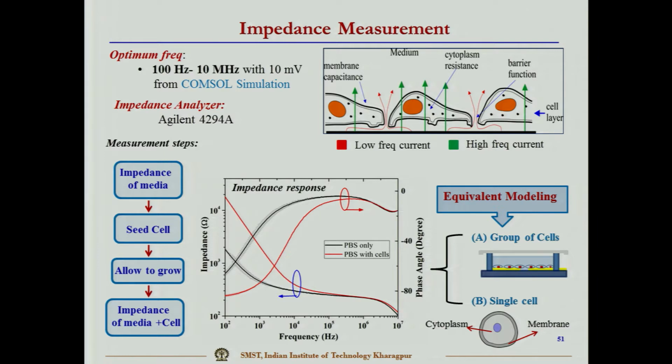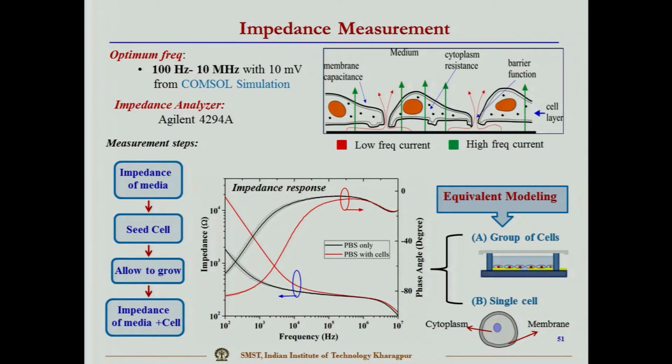So, again it is the same thing, the optimization of frequency, you can go for different COMSOL simulations, impedance study. And while doing this impedance study, one thing we have to remember is that we have to get the baseline correction. Anything between the two electrodes, if I measure impedance, you will get it.